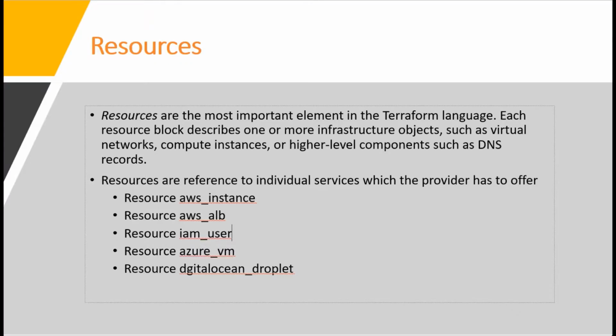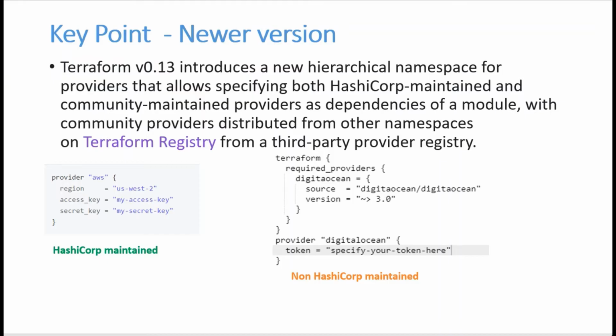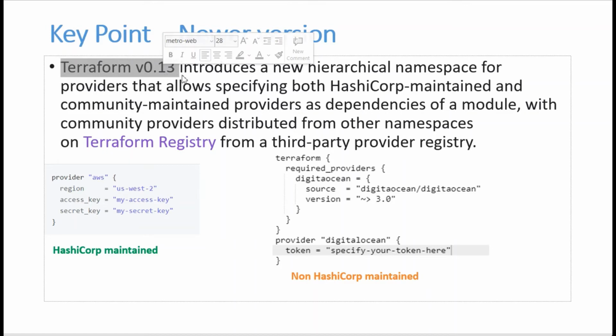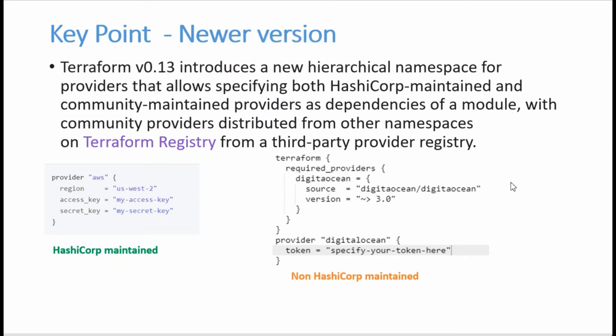Okay, so now one important thing I want to update here. One key important thing in the new version, Terraform 0.13 or later: Terraform introduces a new hierarchical namespace for providers that allows you to specify HashiCorp maintained providers or community maintained providers as dependencies of a specific module.